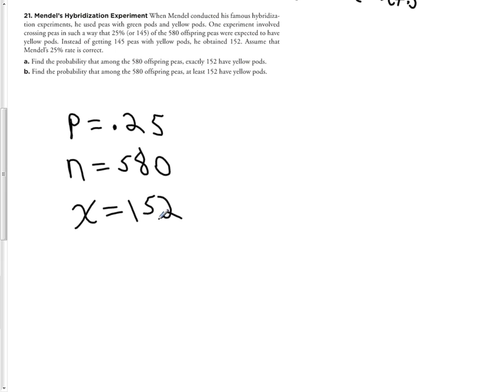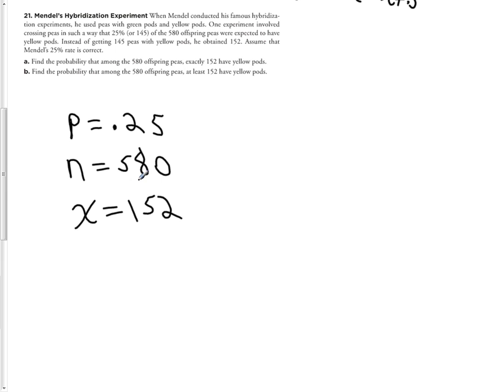We need to find the probability that among the 580 offspring peas, exactly 152 have yellow pods. So what we need to do here is apply the binomial with n of 580, p of 0.25, and x equals 152.